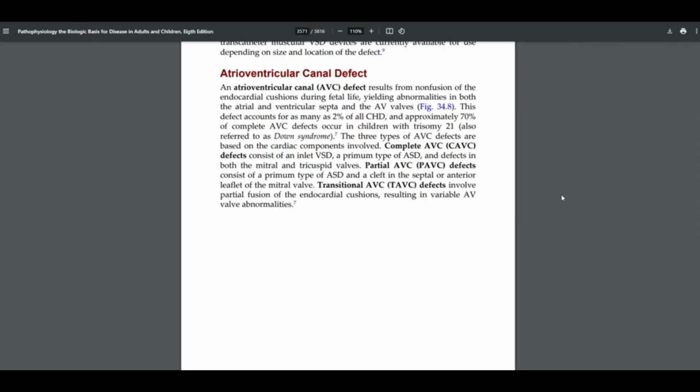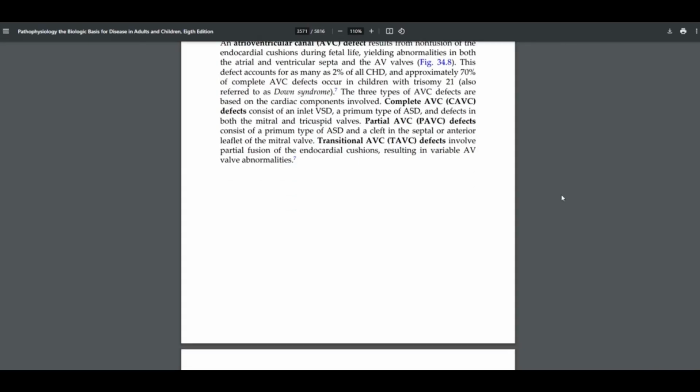A partial AVC or PAVC defect consists of a primum type of ASD and a cleft in the septal or anterior leaflet of the mitral valve. And then a transitional AVC or TAVC defect involves partial fusion of the endocardial cushions, resulting in variable AV valve abnormalities.